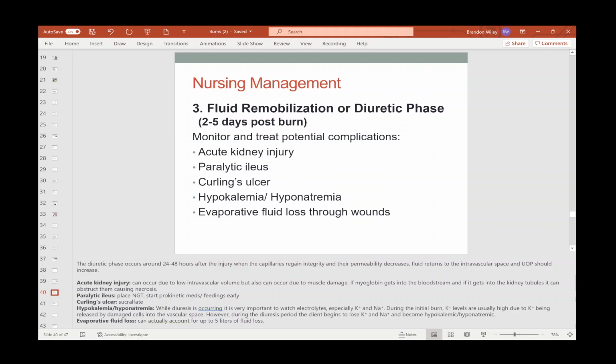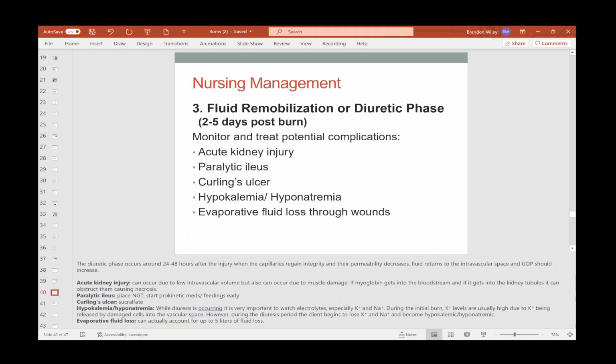Curling's ulcer. When you are stressed and in a hypermetabolic state of stress, especially, you are at risk for ulcers. So every one of you probably has a Curling's ulcer. Okay, so you already know how this feels. Nobody's stressing here, right?